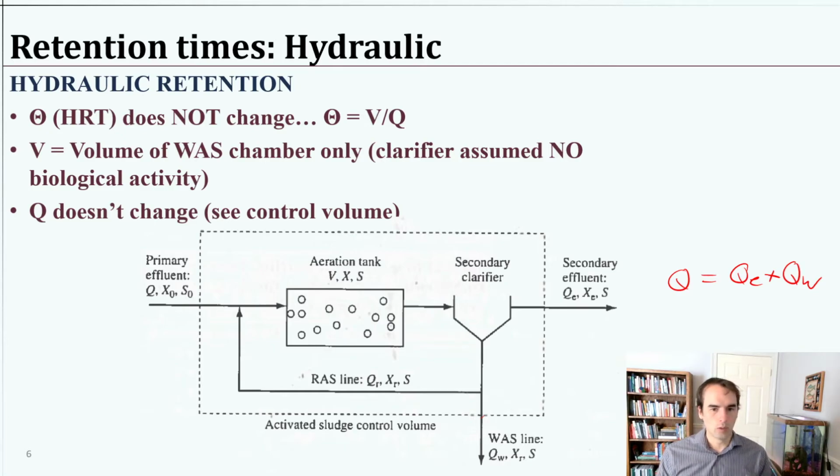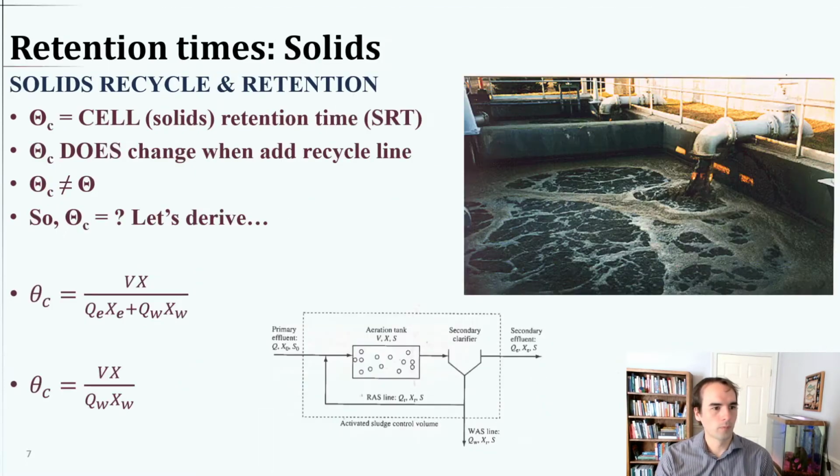Okay, so hopefully that makes sense about the flow rate going in and out. There's no other volumes that are important. It's just this guy. And you would think that this would be our control volume, but because we made that no biological activity here assumption, then we can do it across a wider range of the system.